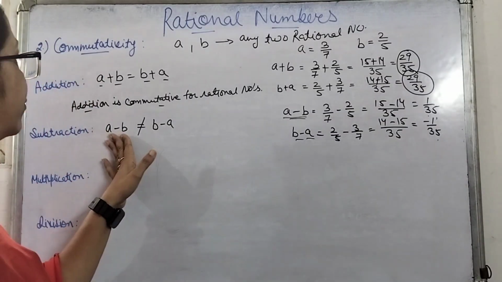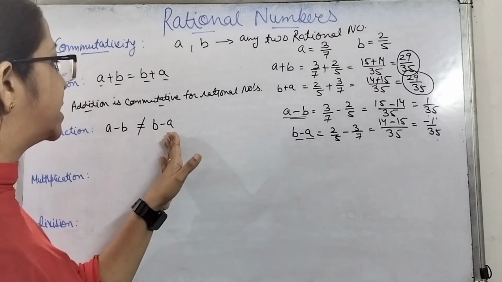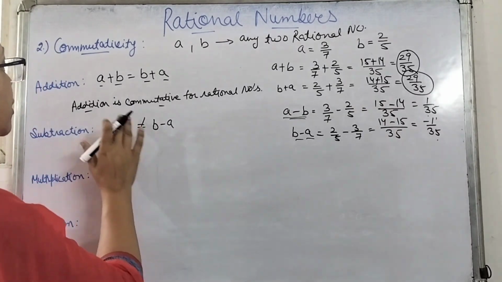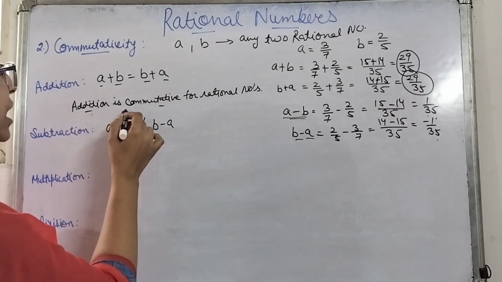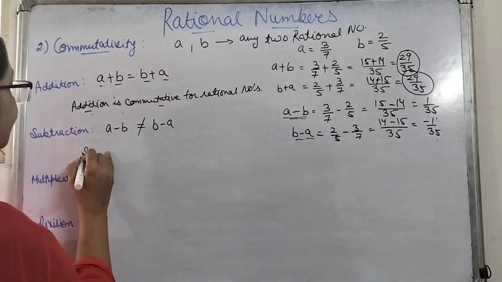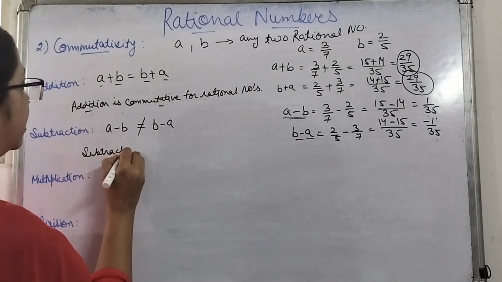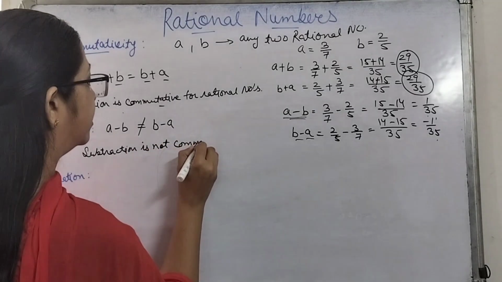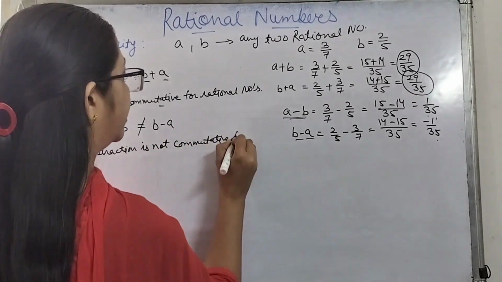So the difference of the two rational numbers will not be the same if we change the order of these two numbers. So we will say that subtraction is not commutative for rational numbers.